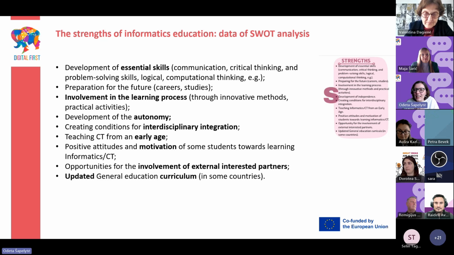It's not so easy to talk about satisfaction with teaching and learning informatics. Mainly we can see this indirectly from the data. Focus group data analysis allowed us to generalize various perspectives on teaching and learning informatics. We also tried to identify the strengths of informatics education that could be described as satisfied parts of the overall informatics educational process.